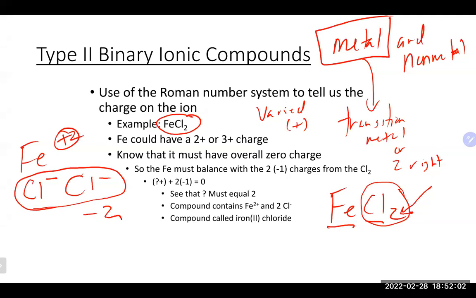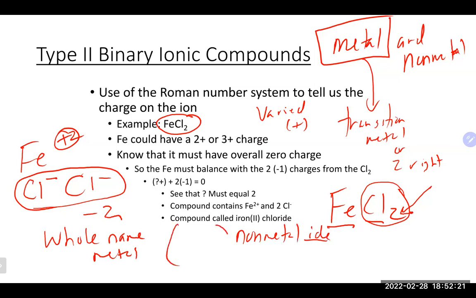The good news is we name it the exact same way. We take the whole name of the metal. We still do the non-metal with the -ide. The difference is here we use Roman numerals.